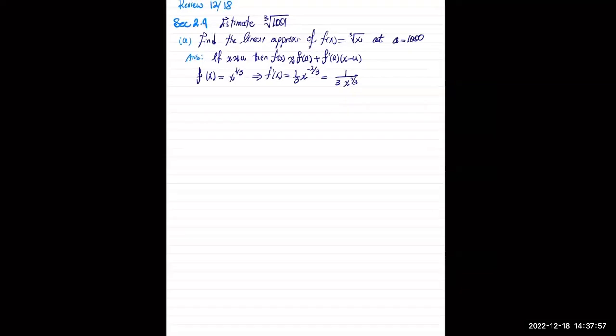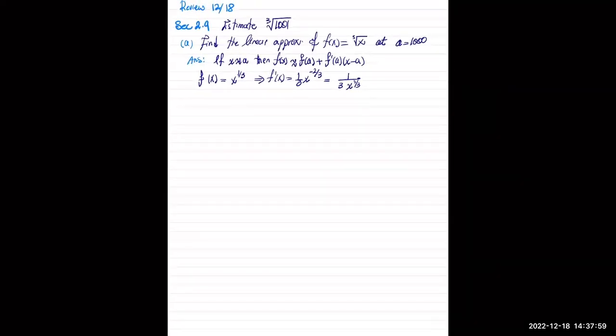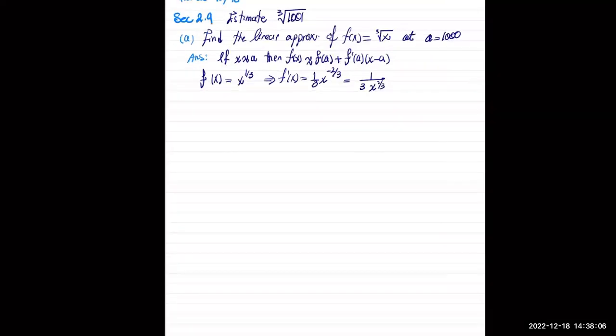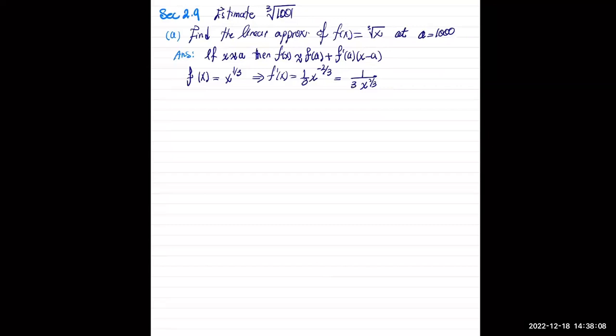Now you need to find f of a and f prime of a. f of 1000 is just the cube root of 1000, which is 10. And f prime of 1000 is 1/3 times 1,000 to the power of 2/3.